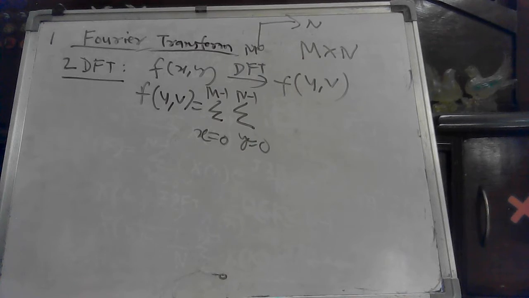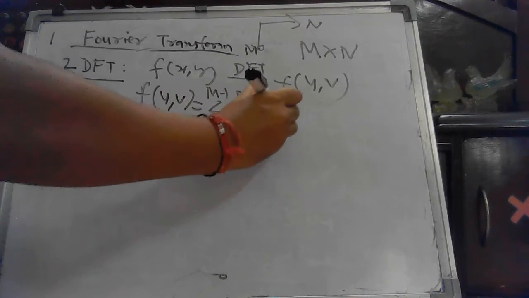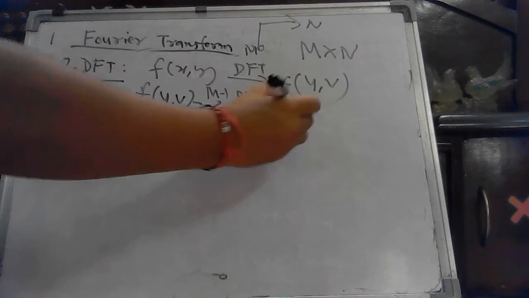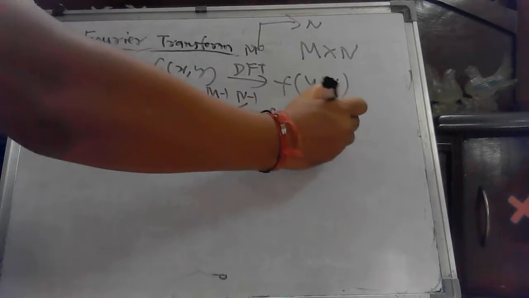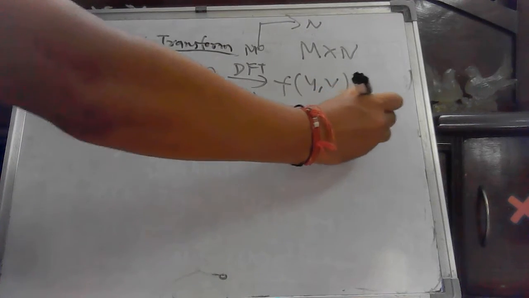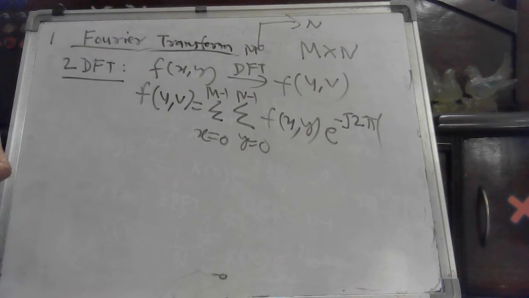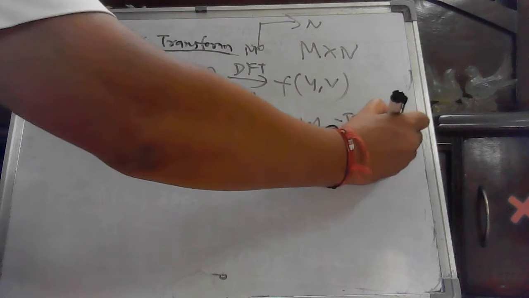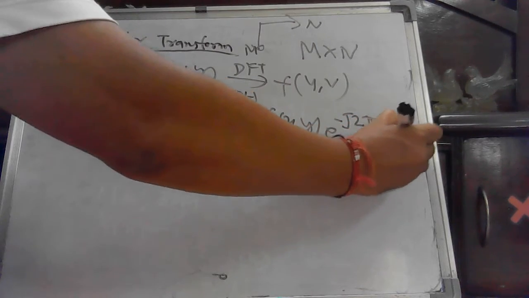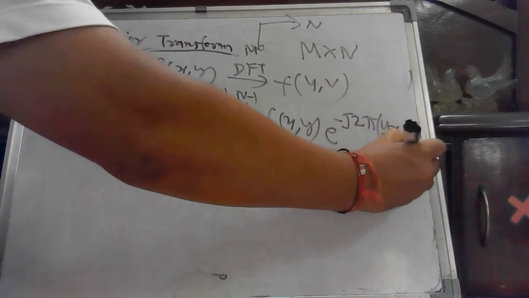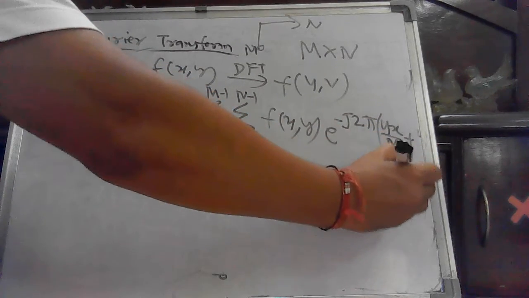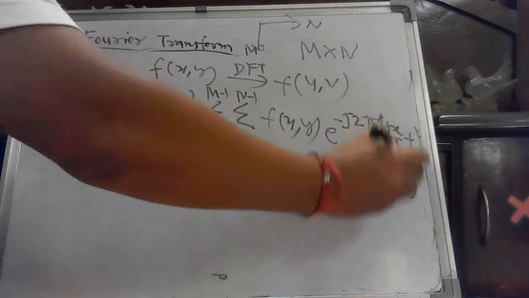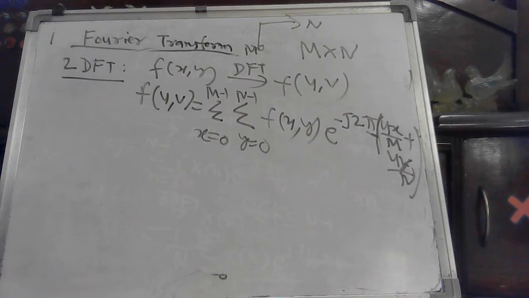Complete summation. Each and every point is the same, just like there was u, here you have x, y, and then again e raised to the power minus j 2 pi.